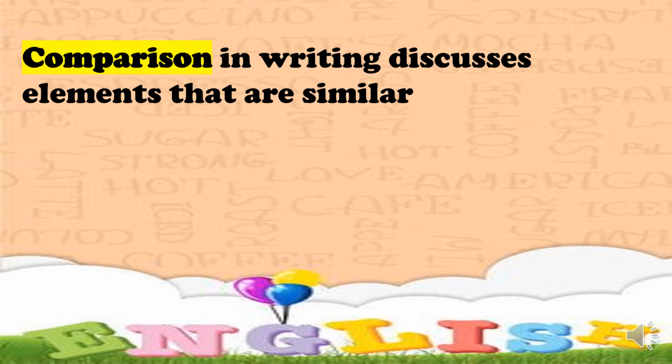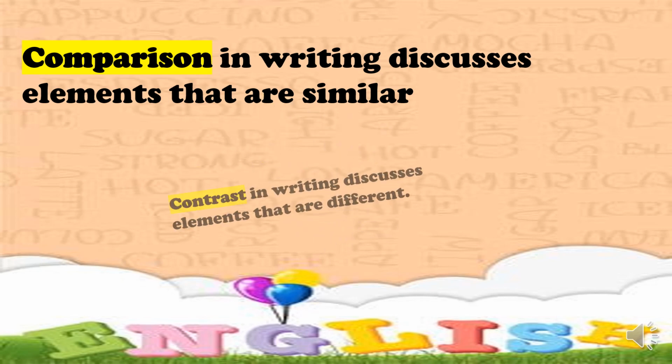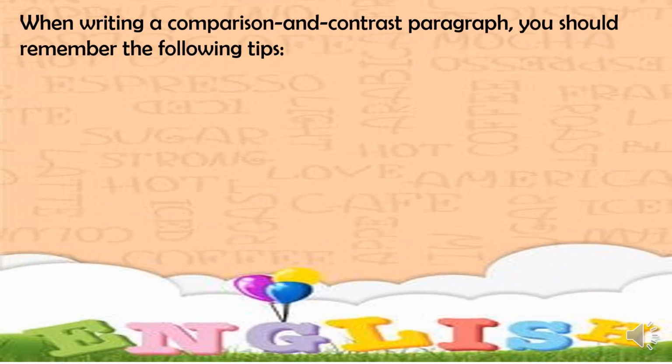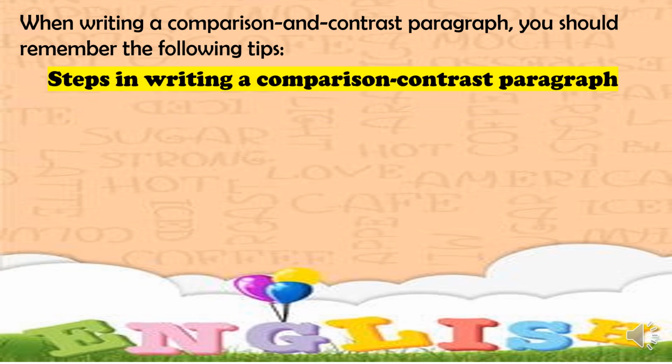Now, comparison in writing discusses elements that are similar, while contrast in writing discusses elements that are different. When writing a comparison and contrast paragraph, you should remember the following tips. And here are the steps in writing a comparison contrast paragraph.